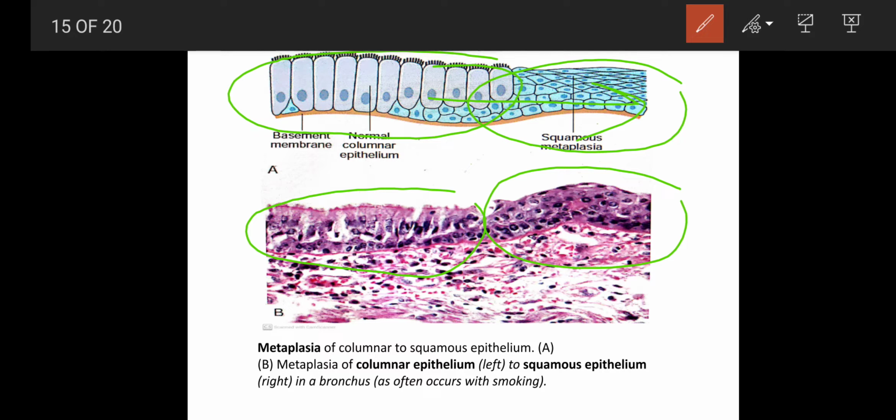Why does this occur? This occurs because of repeated irritation because of smoking. The stratified epithelium is a harder epithelium. So to adapt to the new environment, the columnar epithelium changes into a squamous epithelium. So this is an example of a metaplasia.